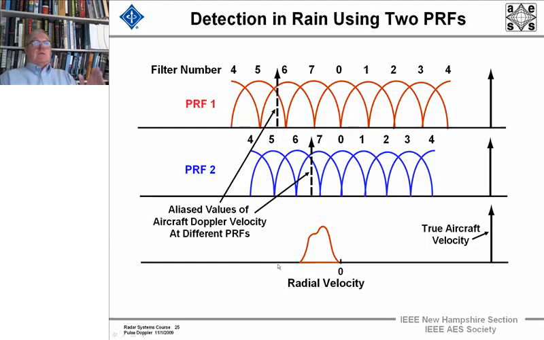So that was the insight that Ed Muir had to deal with rain in this small Doppler space at S-band from aliasing targets and using what we call here multiple PRFs.